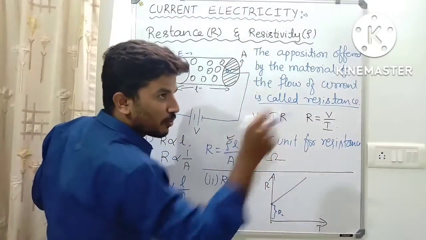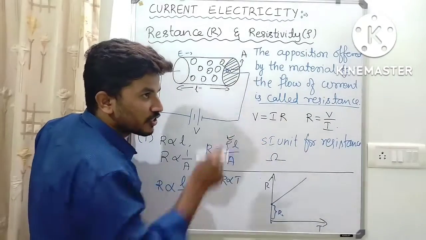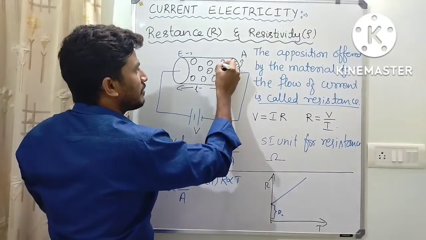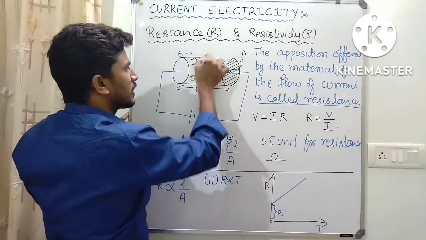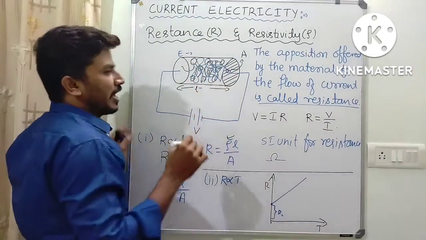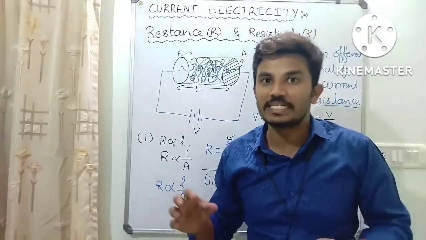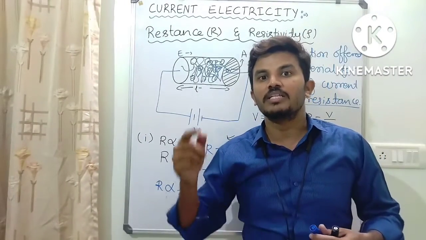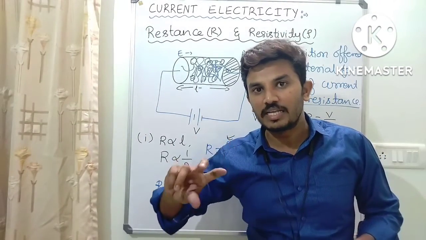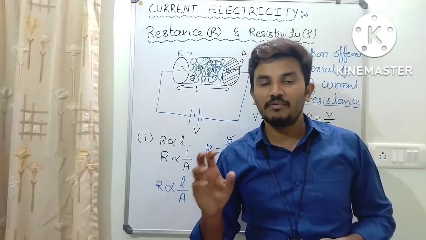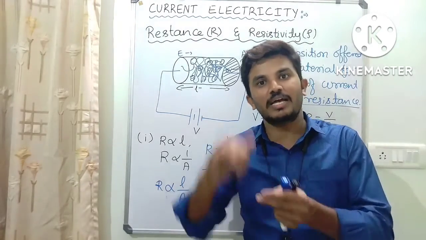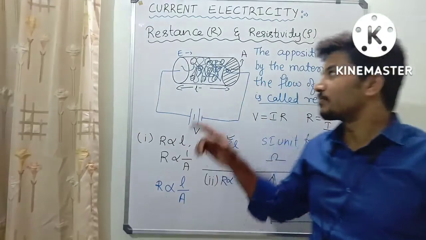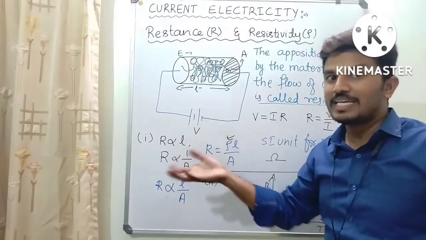The charged particles move faster, and they collide more times with atoms and their velocity decreases. When they collide more times, they lose their energy, and they will have to take more time for acceleration, but because of the collisions, the acceleration decreases. So because of that, a slow down, resistance increases.